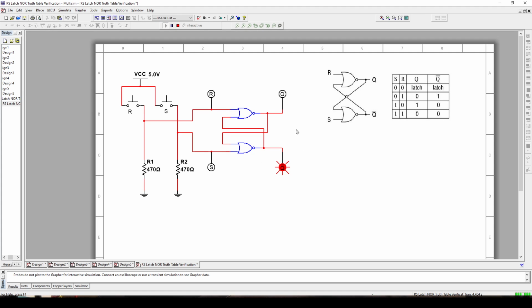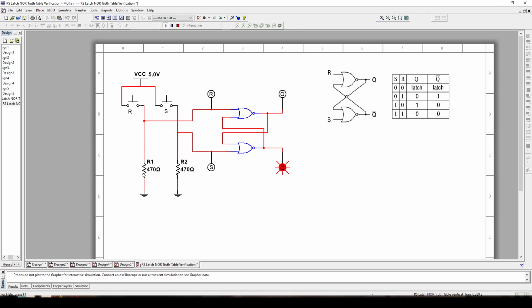Okay, so here we have the RS latch constructed out of two NOR gates and a pull down system for the inputs. How is it a pull down system? When the switch is open, let's just consider one of the inputs.